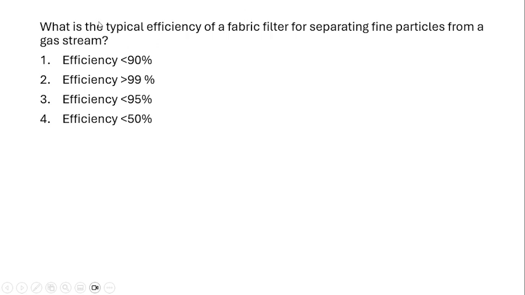Now the next question is what is the typical efficiency of a fabric filter for separating the fine particles from a gas stream? So they are asking about the efficiency of the fabric filter. As we have discussed in the week 5 lecture, the fabric filter has higher efficiency.